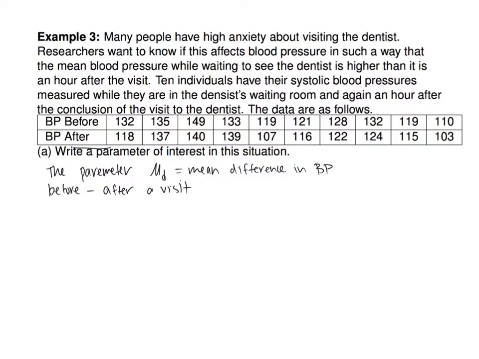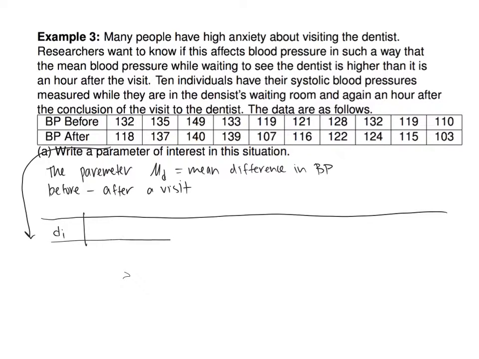And something we should, I think I left some space in your notes. Am I right that there's a little bit of space before part A? We should actually compute all those differences. Do you see what I mean? Like, what's 132 minus 118? 14, right?